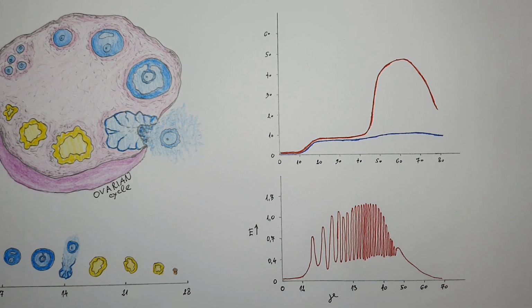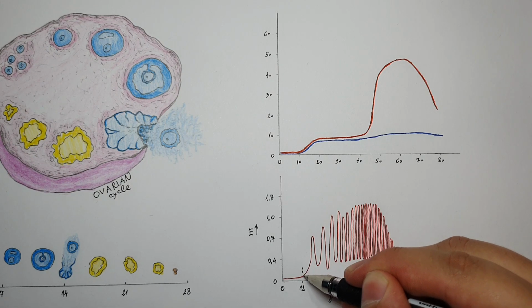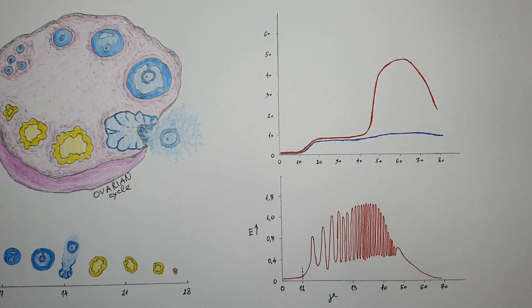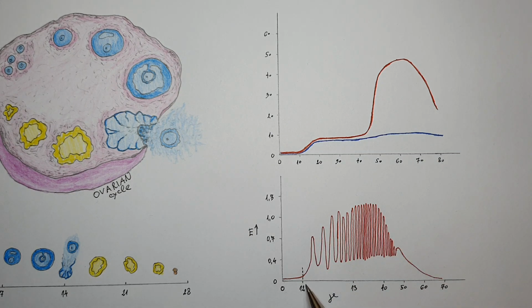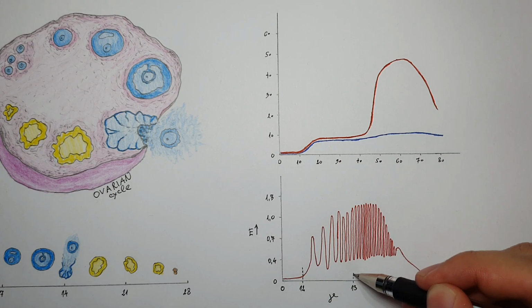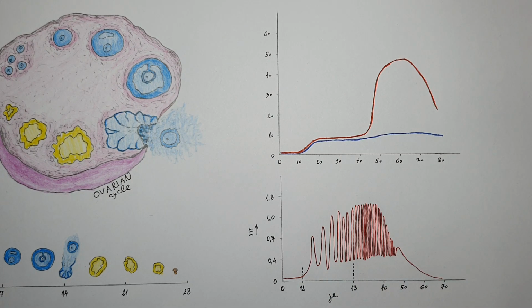We can see that before puberty, hormone levels are very low. When puberty sets in, estrogen starts to rise, and in the first years of puberty the estrogen level is being set up.